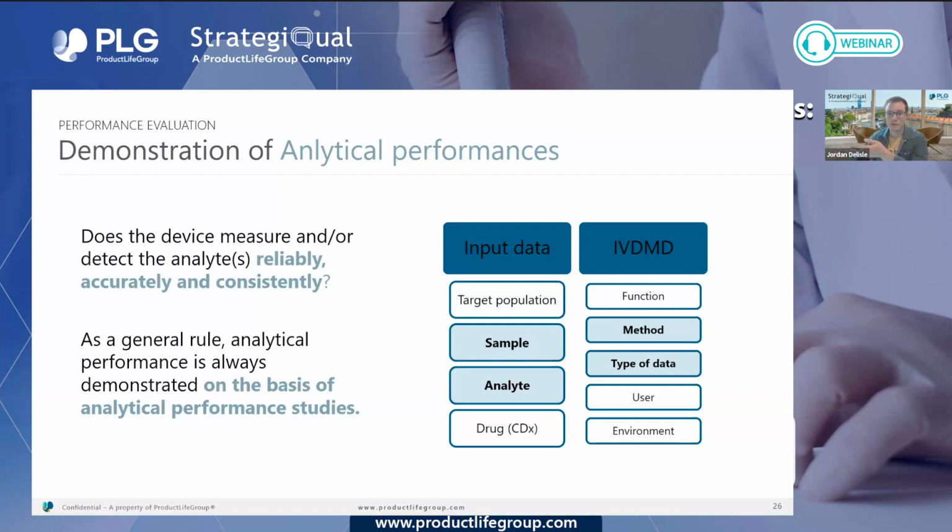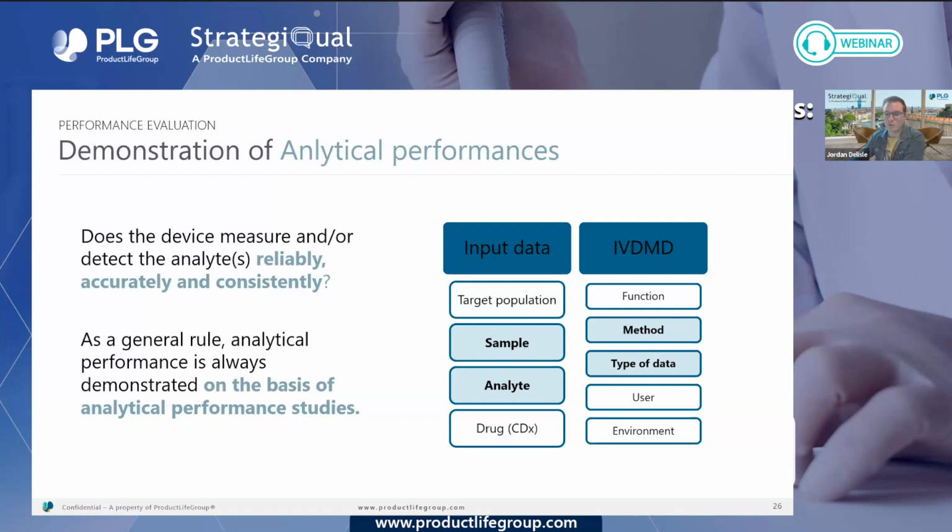The relevant performance characteristics, which form part of the GSPRs and are linked to the analytical characteristics of the device, must be supported by existing evidence or by the generation of new evidence. In the vast majority of cases, this can be demonstrated through performance studies.